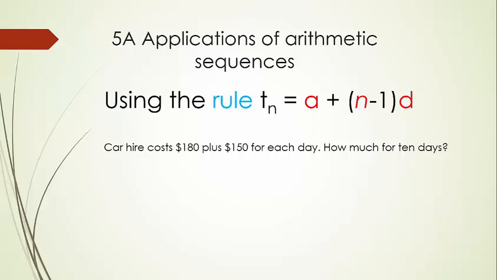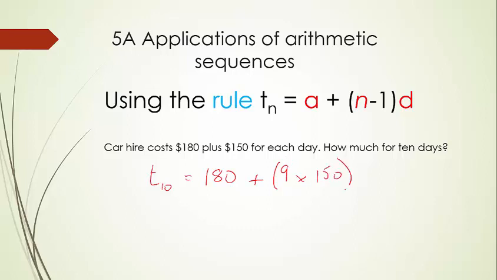Now that problem can probably be solved without using a rule, just using a calculator, but let's apply the rule so we know how to. We want to find the 10th term, so we're going to write T10 equals, in this case, a is the first term, which is 180, and then we want n minus 1, well 10 minus 1 is 9, times the difference, which is 150.